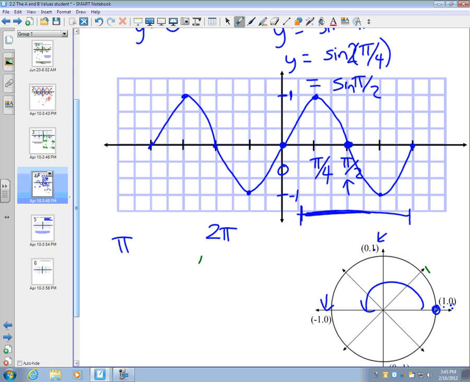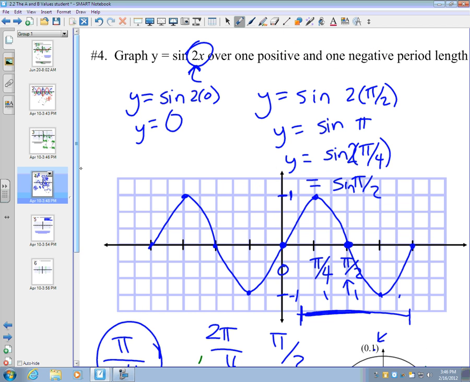It has a shorter period length. Now, to decide how often we put the points, we just divide by 4. Remember before we did it every pi over 2, but in this graph we do every pi over 4. So it seems like when we change the b value, we change the period length. In fact, when we made the b value 2, our period length was cut in half. Okay?